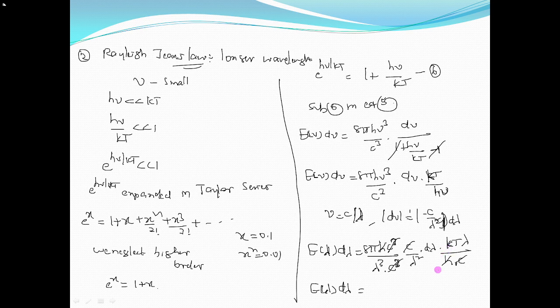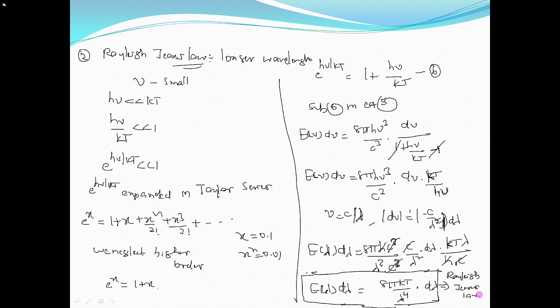So you are left with 8 pi kT by lambda power 4 into d lambda. If you check in black body radiation, this is nothing but Rayleigh-Jeans law.